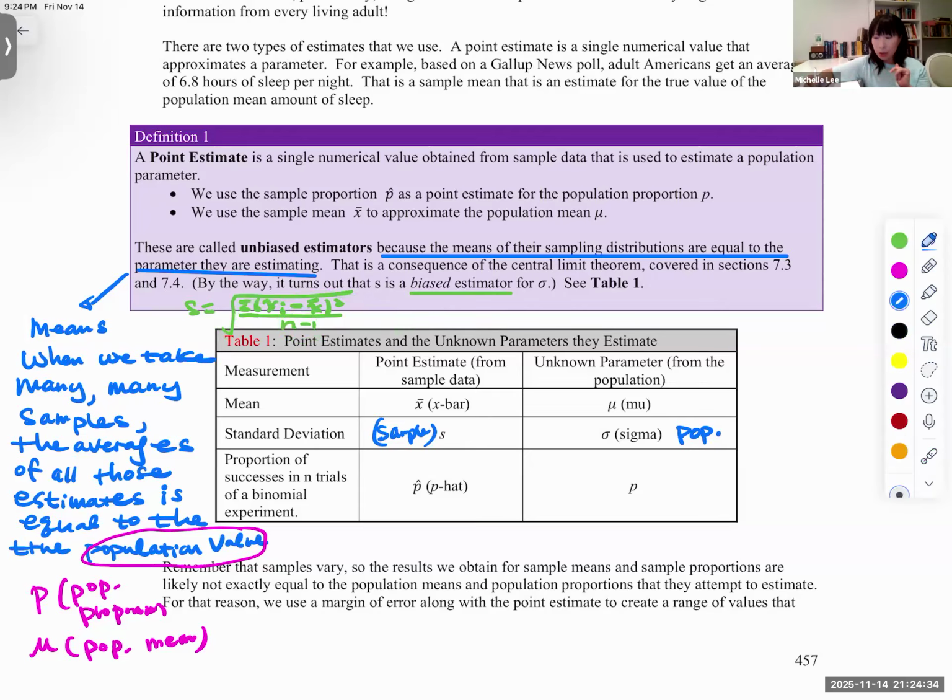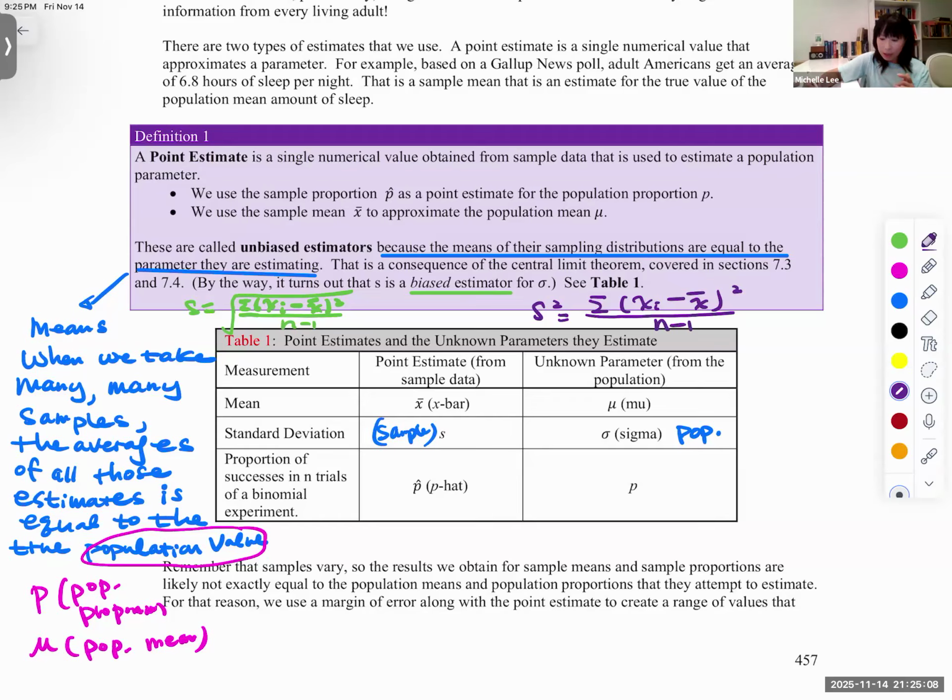S squared is the sample variance. Let me write down the sample variance. If we square it, there's no square root, so there will be the summation of x sub i minus x bar, squared, over n-1.